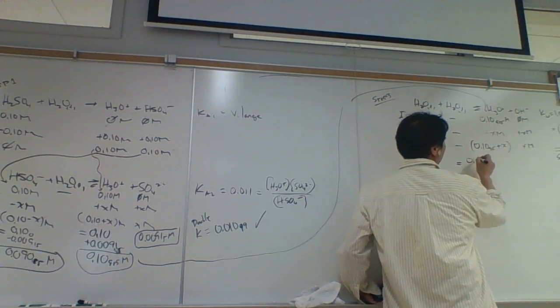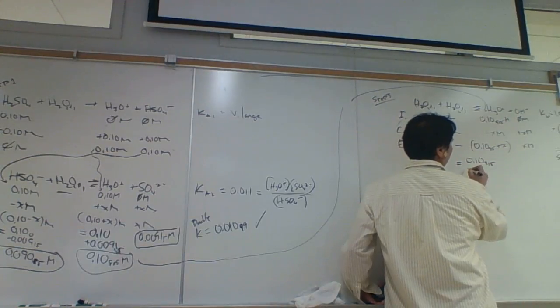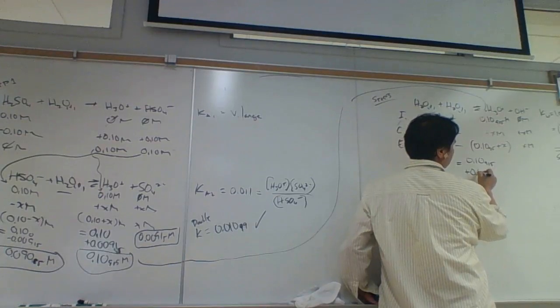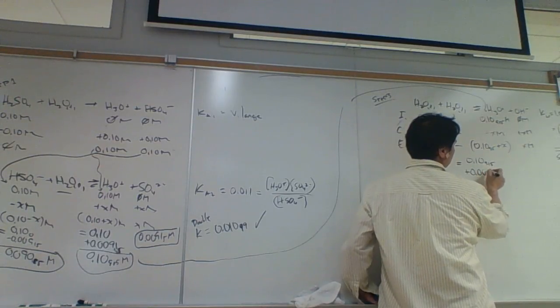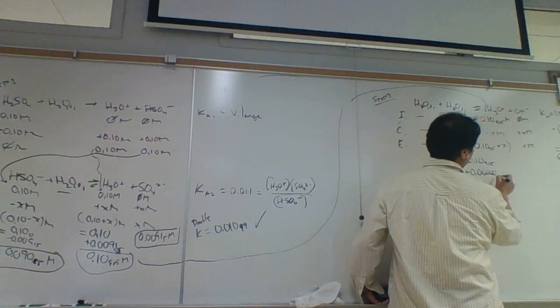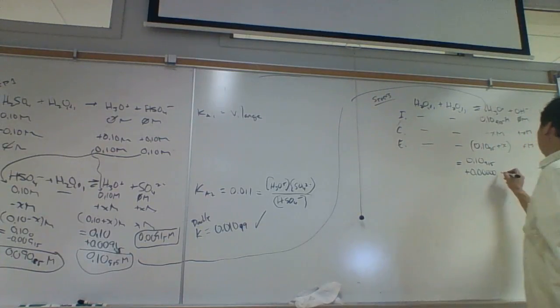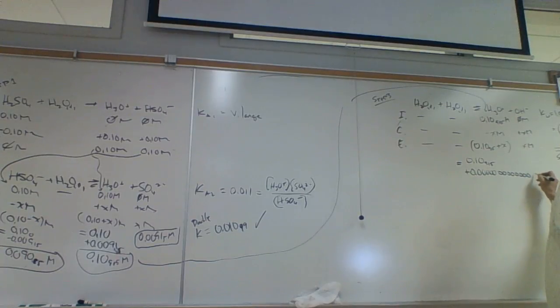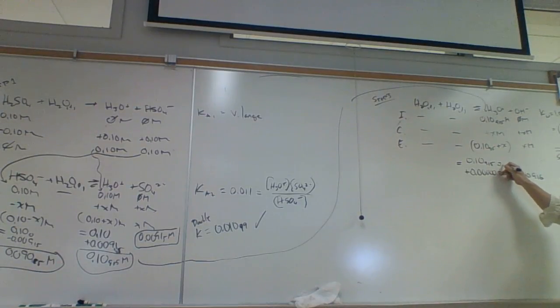And so this comes out to 0.10915 plus, well, how much additional hydronium am I going to get here? I have 13 zeros, and so 1, 2, 3, 4, 5, 6, 7, 8, 9, 10, 11, 12, 13, then 916. So I have to add some more zeros here: 1, 2, 3, 4, 5, 6, 7, 8 zeros, 9 zeros, 10 zeros.